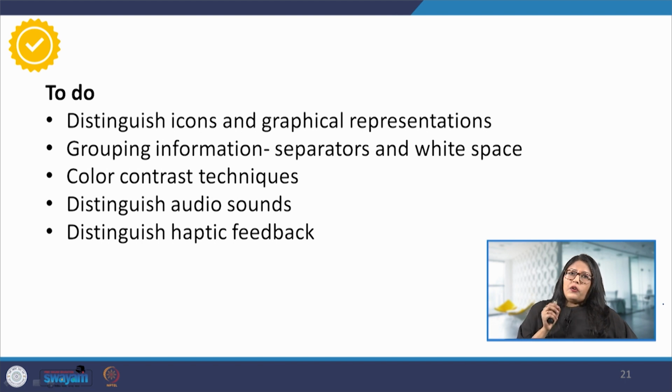So how do we also distinguish those sounds? On our phone, sometimes we save our parents' number with a certain sound, our friends' number with a certain sound, so we know whether it's an important call or not. So how can we design these sound palettes so that the user can distinguish?